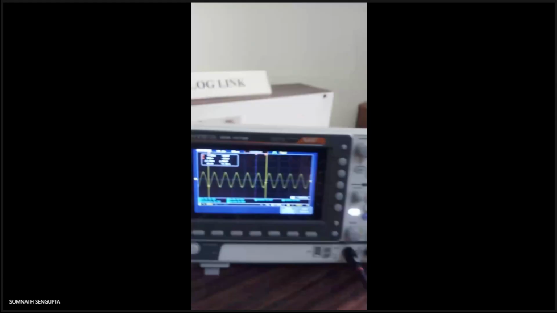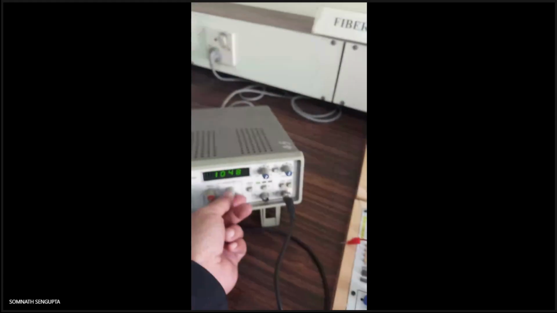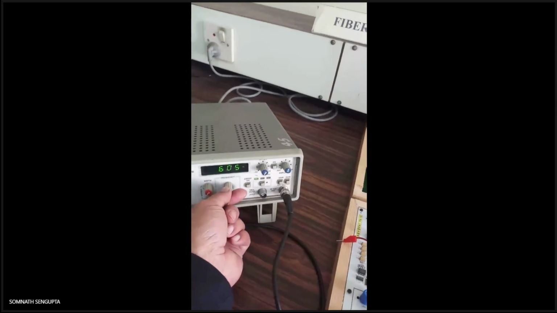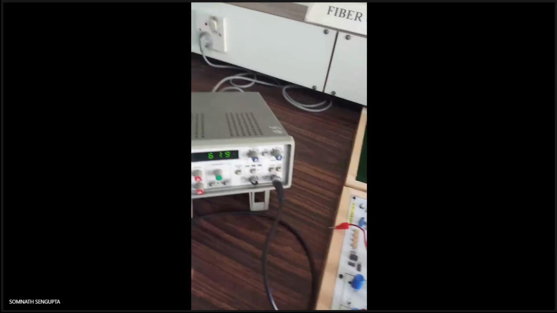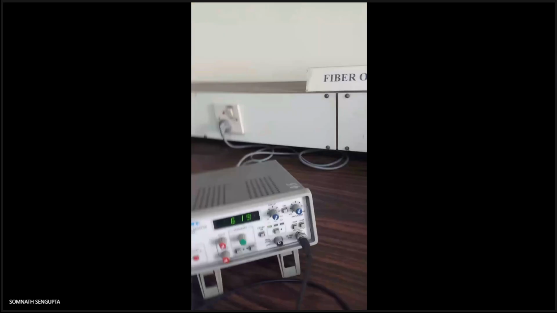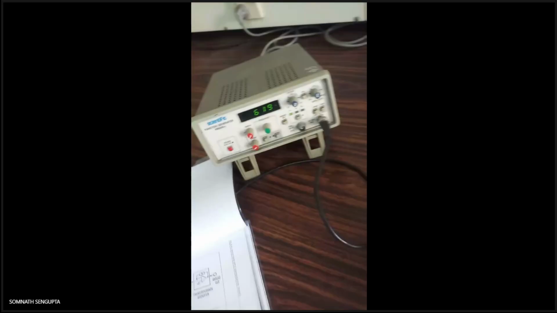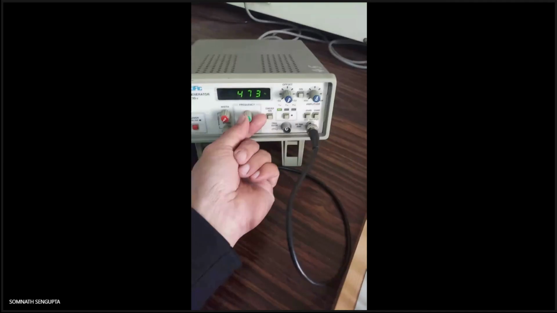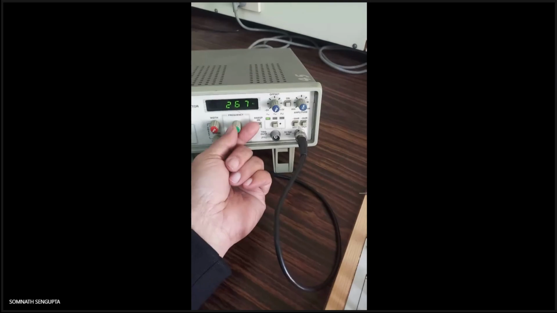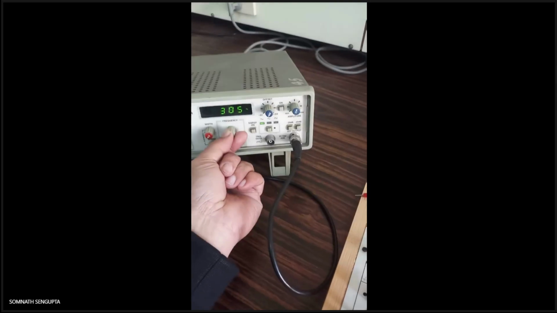So now here you see that you have kept the frequency near about 1 kilohertz. So now you start taking the reading. So first, let us keep it to 250 hertz or 200 hertz.